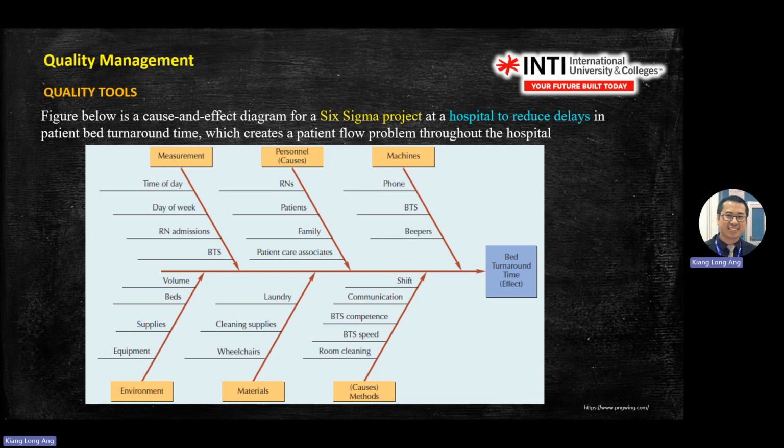Personnel, phones, beepers. Environment is volume, supply, equipment, material, laundry process, wheelchairs, other methods like shift, communication, and room cleaning and so on. So they try to find out what is actually causing the bed shortage.